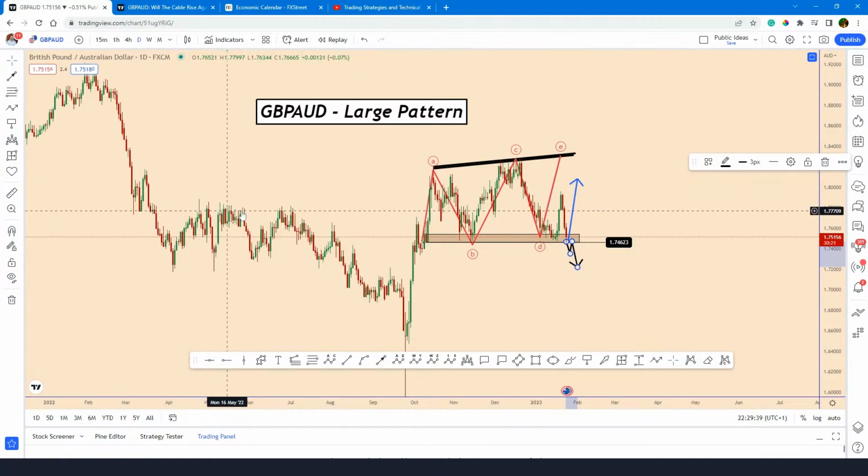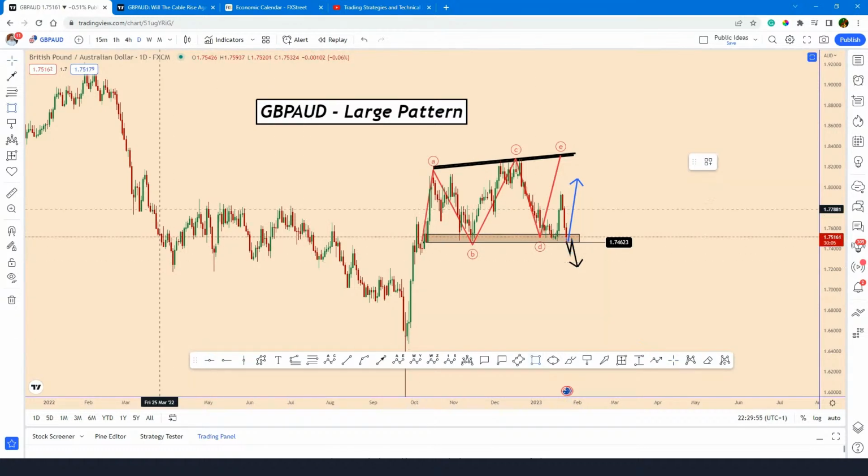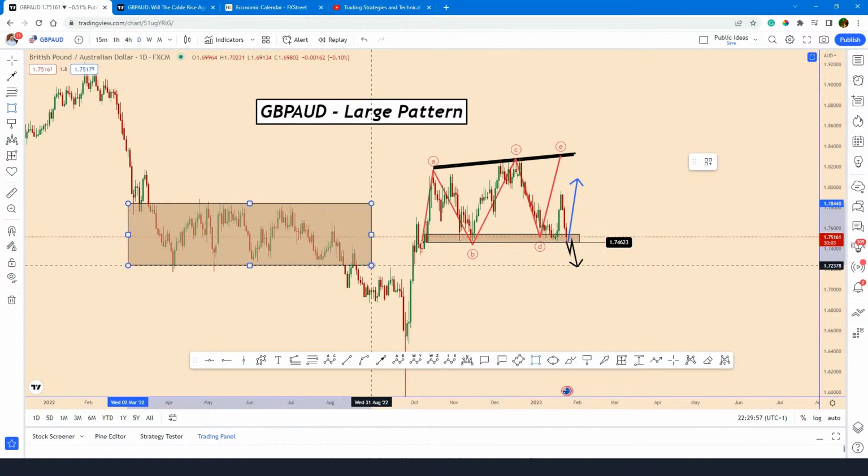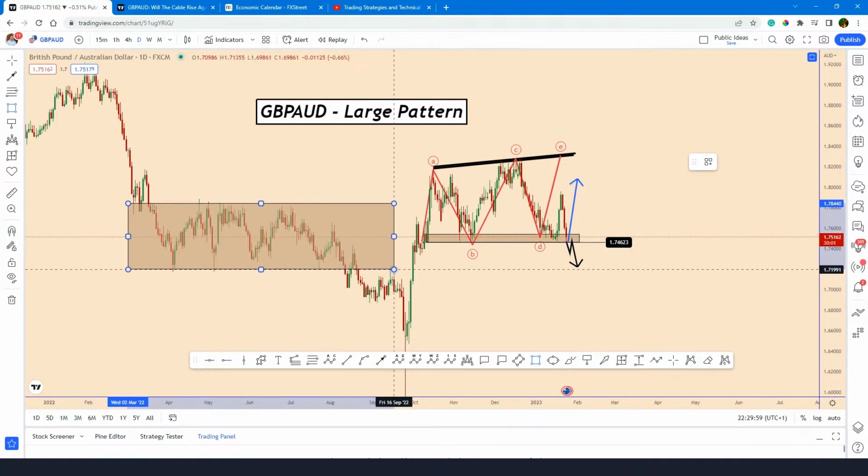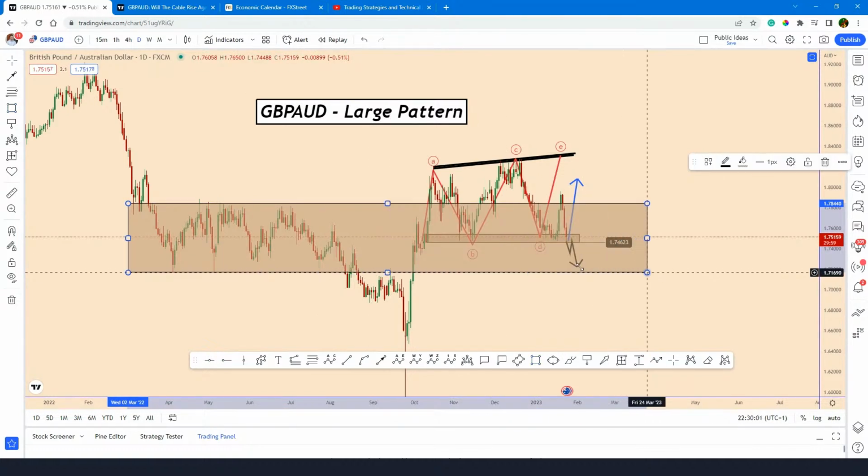We should know that during this period of time, since March and August 22, price was showing that this was a zone where GBPUSD found a very strong zone that was traded by the traders.